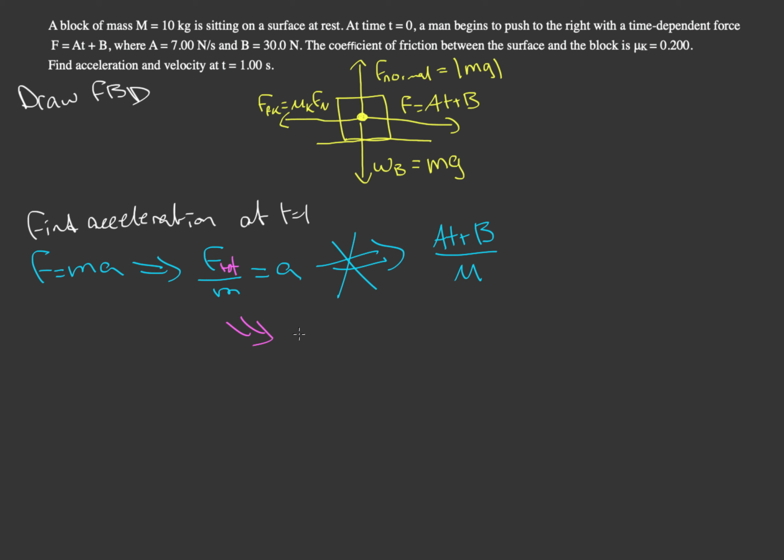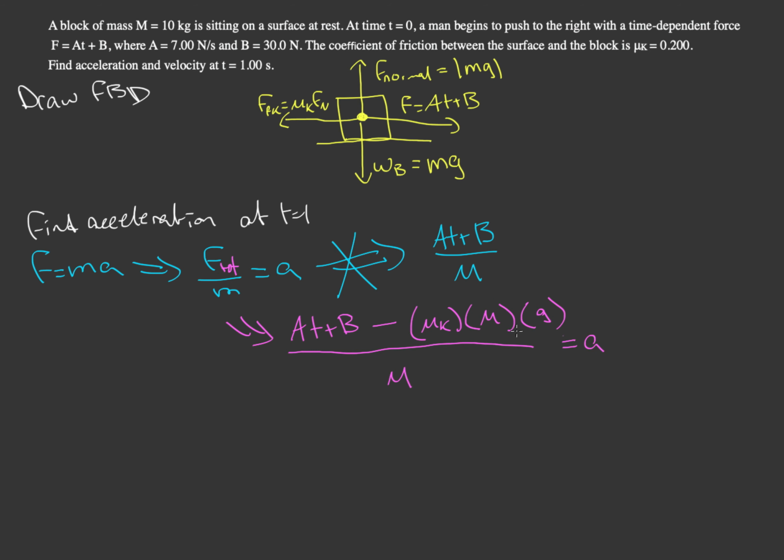That means we have At plus B minus the coefficient of friction times the normal force, which is actually the mass times the acceleration of gravity, because friction works in the opposite direction, to the left. And this is all going to be divided by the mass.